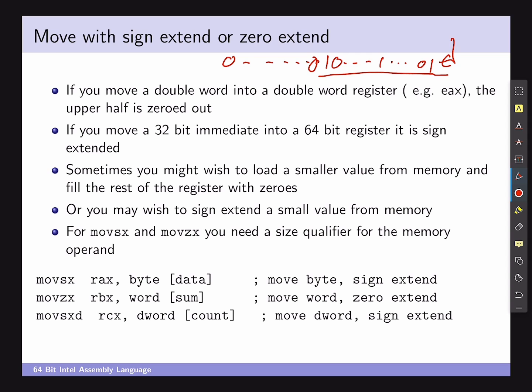If the value was positive, this 0 situation wouldn't matter because we simply do our conversion with the low order bits and it would match our expectation because it was a positive value. But in order to make sure that, say, -7 is still -7 once moved into a 64-bit register, we need to sign extend.